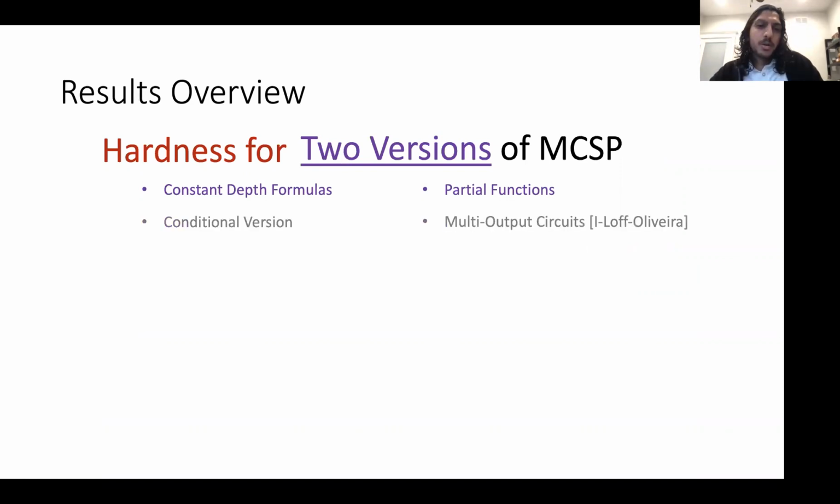I do want to point out that last year we also proved NP-hardness for some other versions of MCSP, but I guess Bruno came and talked about this, so I don't want to talk so much about that. But I'll talk about two hardness results for MCSP.